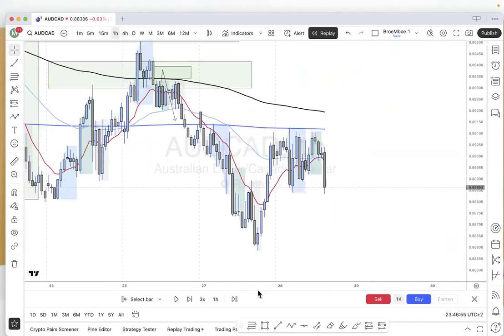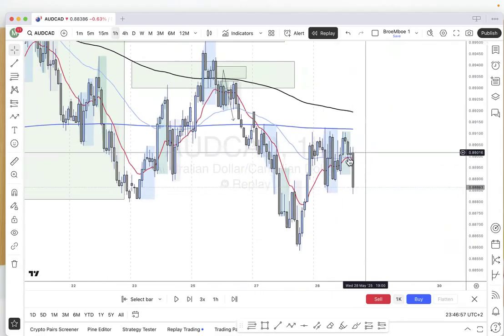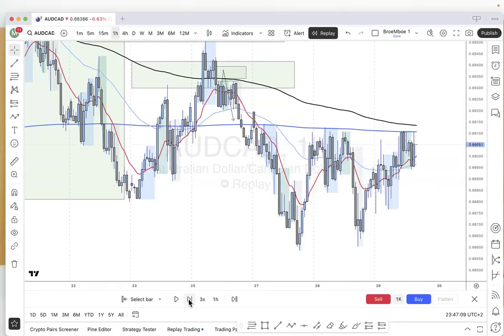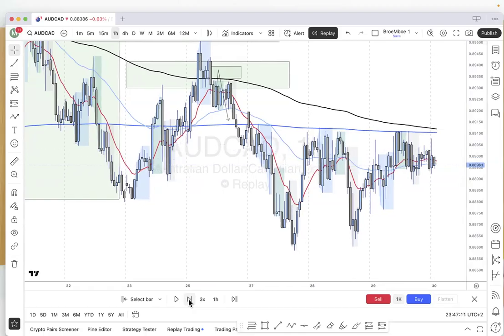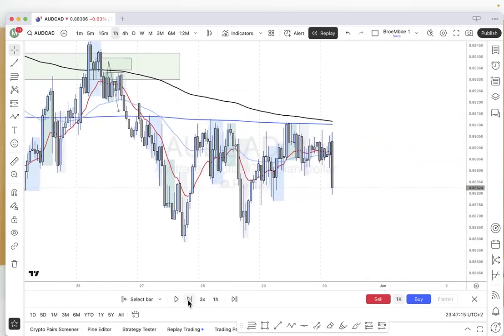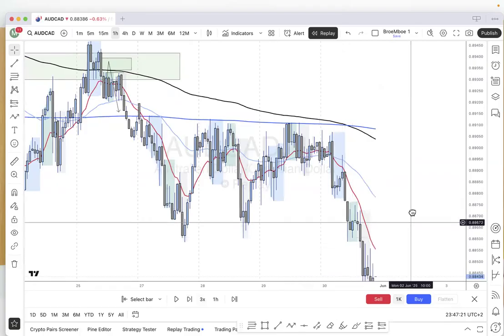Actually, it did pull back for a re-entry and then went further down. Yeah, should have gone further down. So that's the one that consolidated, the one I was looking for. Yeah, so it consolidated in this area after that, and then from there it pushed down. Yes, that's the one that consolidated.